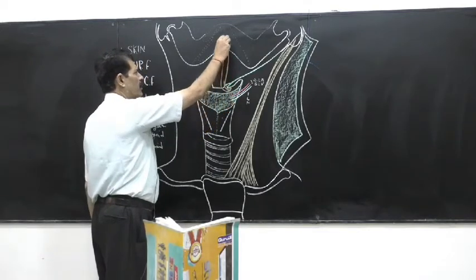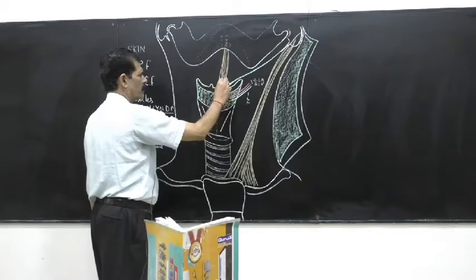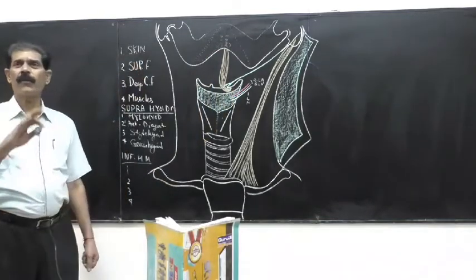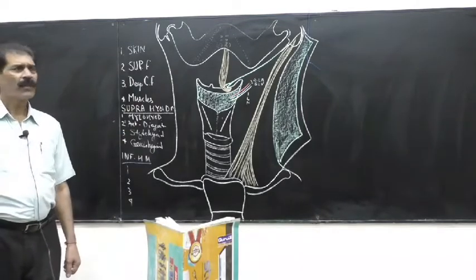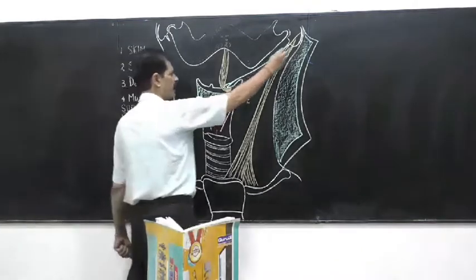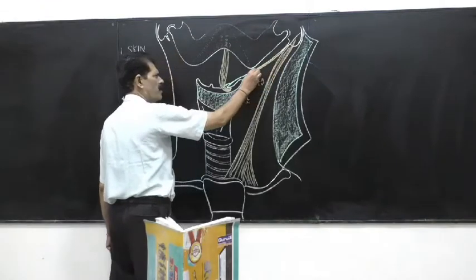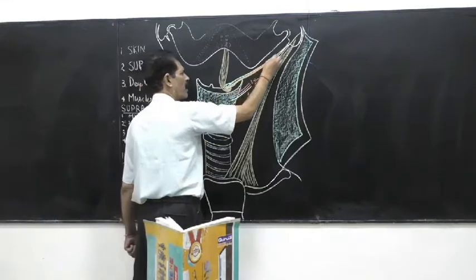This is called the geniohyoid muscle. This is the deepest of all the 4 suprahyoid muscles. This is deep in position. Geniohyoid. Stylohyoid, it will take origin from the styloid process, come with the stylohyoid ligament and be inserted over the lesser cornu. Stylohyoid ligament.